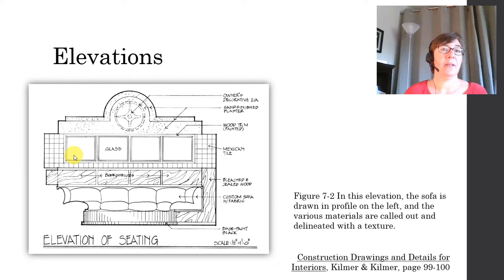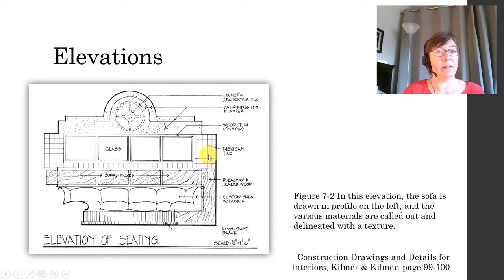One way some of these materials are shown is using a texture, or in AutoCAD that's called a hatch pattern. And so here are a couple of examples of materials being called out or delineated with a texture. Up here we have a sand finished plaster, and that's being shown with kind of a dot pattern.